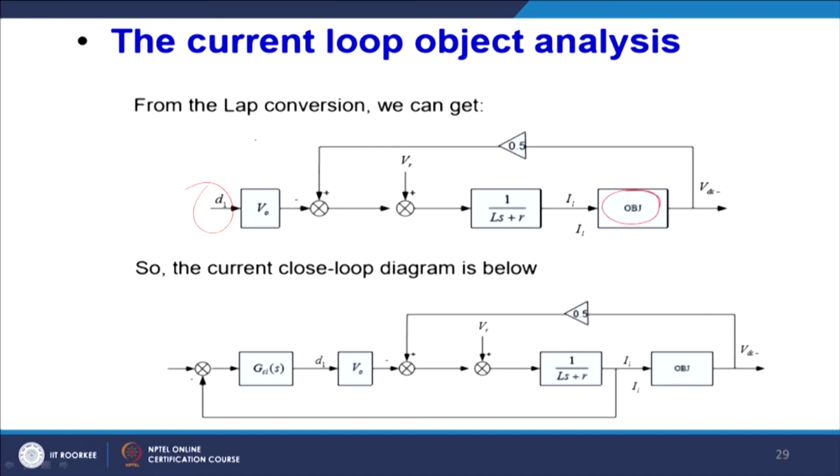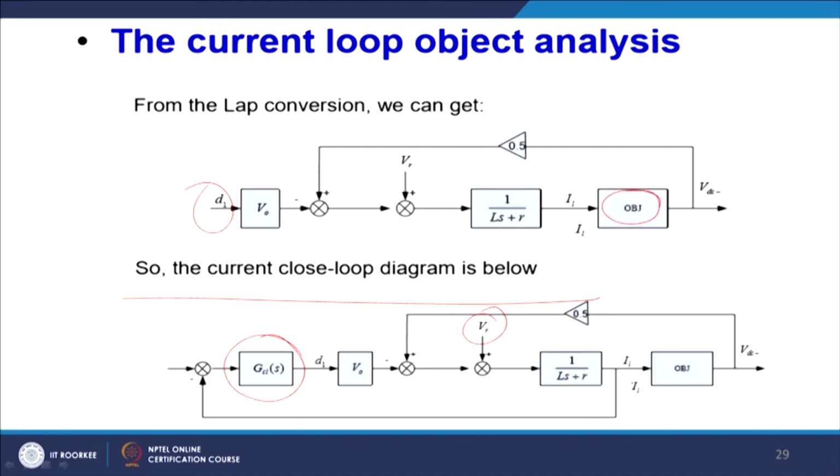So, you are controlling this controller, and in the control loop you have the inverter. From there you multiply with D 1, the duty cycle that is coming, which is multiplied by V 0, and the same way you get it divided by your phase voltage V R, and this is your inductor.